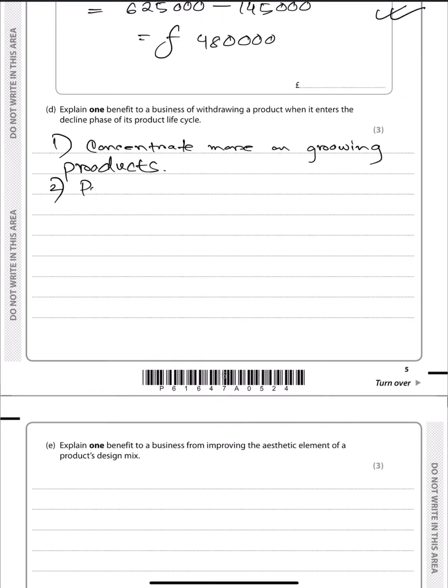So products will have a longer maturity period. And how will products having a longer maturity period benefit my business?